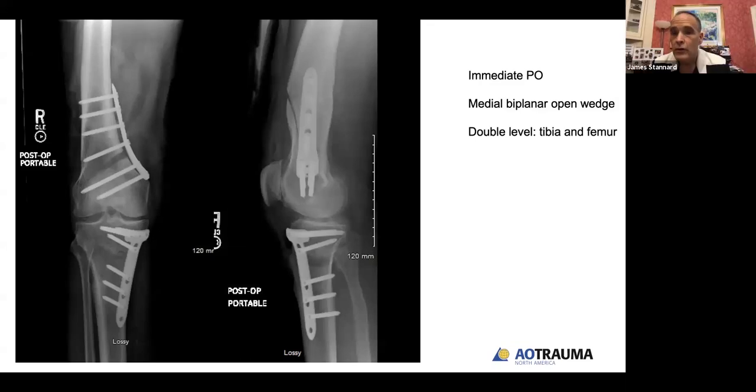So Mauricio, in the chat, we've got another very good question that I'd like you to answer because it's important. On this double level case with medial arthritis, why not overcorrect to the lateral spine rather than just go right down the middle? Yes, I appreciate this question very much. Thank you. This is a good point.